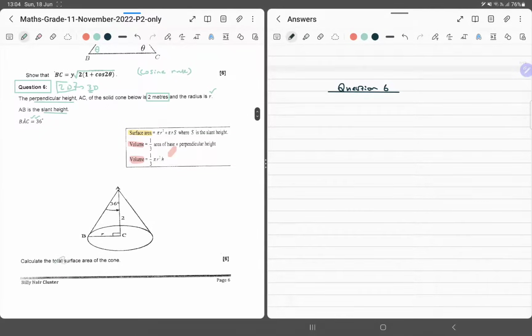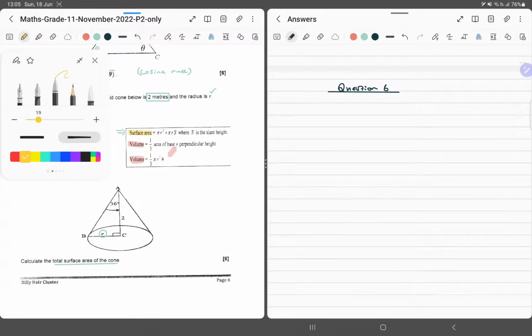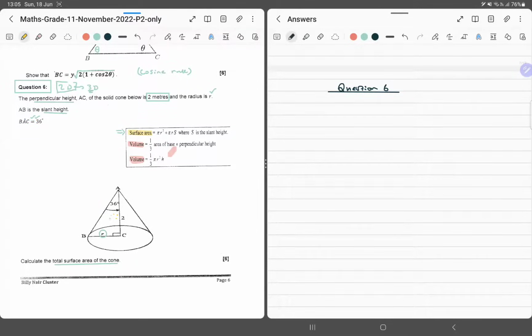Now it says calculate the total surface area of the cone. Okay, so that is where our question is. So what do we need? We need r. But now we can use this triangle to sort out r. Can you see this triangle here? This is a right-angled triangle. So we've got the adjacent, we want the opposite, we've got the angle.